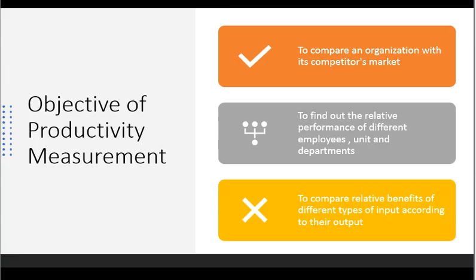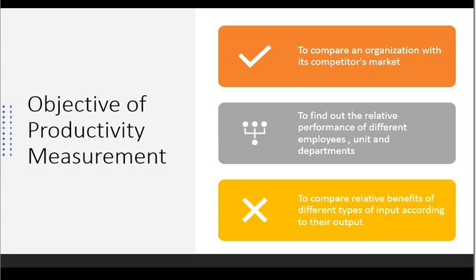Next, what is the objective of productivity measurement? First is to compare an organization with its competitors. How can you compare? First you need to find out the productivity of your plant, and on the basis of that productivity you can compare with your competitor.